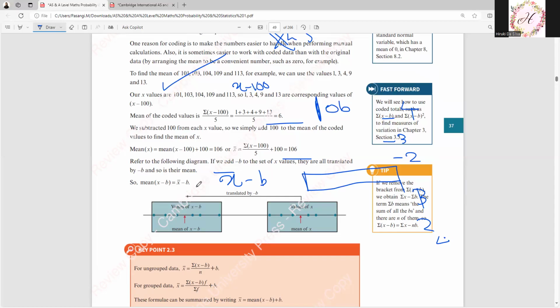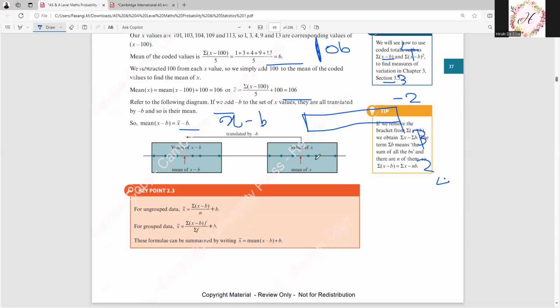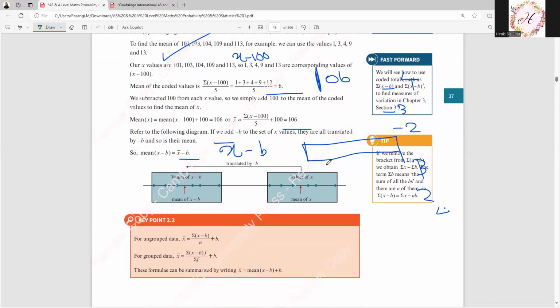Since we are subtracting the value b from each and every number in the data set, from the mean also, once we receive x bar, to get the actual value we need to subtract this b as well. That's how we do the coding or the translation. Is it clear?